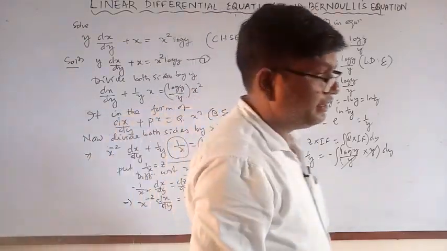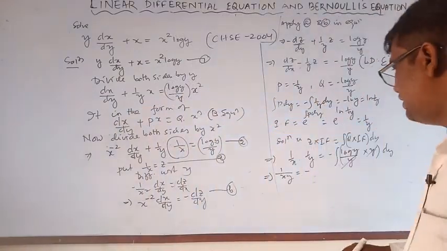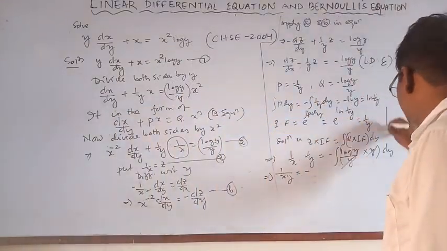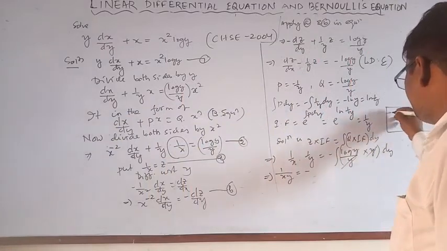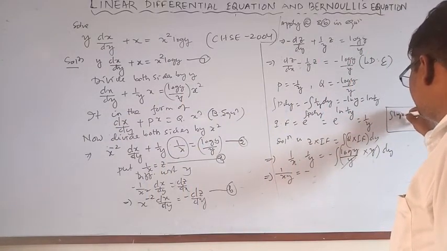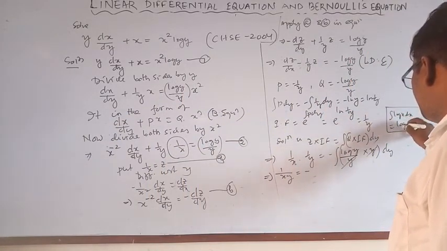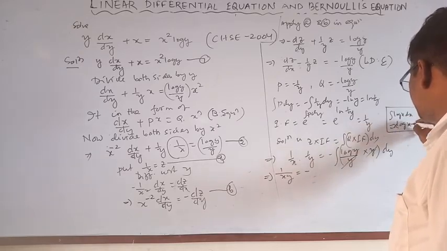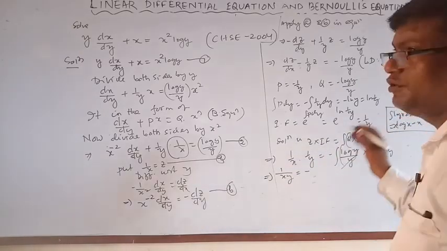What is the integration of log y? It is y log y - y, by parts, just like the integration of log x dx is x log x - x.